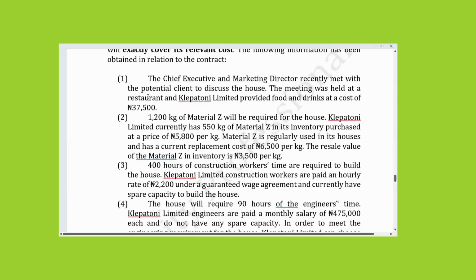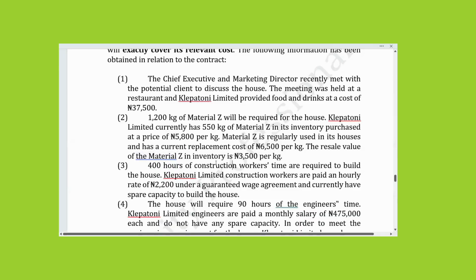Clepatoni Limited currently has 550 kg of material Z in its inventory, purchased at a price of 5,800 per kg. Material Z is regularly used in its houses and has current replacement cost of 6,500 per kg. The resale value of the material Z in inventory is 3,500 per kg.